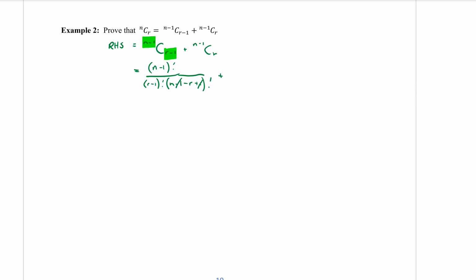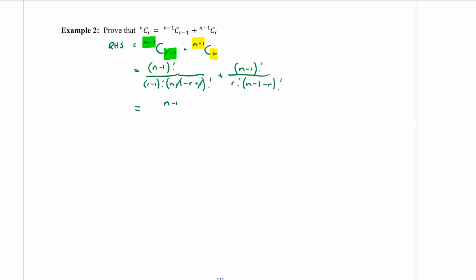For the second one, the n minus 1 factorial will go to the top. On the bottom, I'm going to have r factorial, and then subtracting these, I will get n minus 1 minus r factorial. I'm just going to rewrite that slightly tidied up.